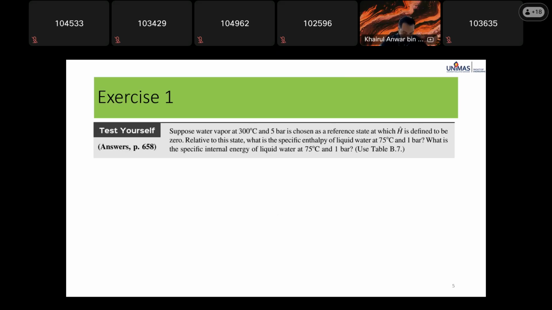Okay, let's look up, how much? At 1 bar, 75. Oh, okay. The specific enthalpy H is 314. It is 314 for the 75 and 1 bar. Next, you need to calculate using the reference state in which the value of H at this point is 0.